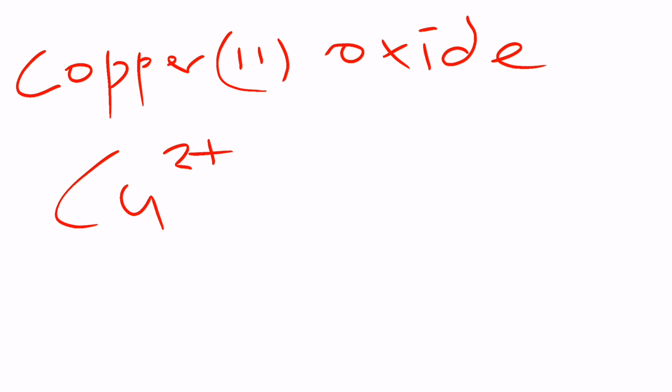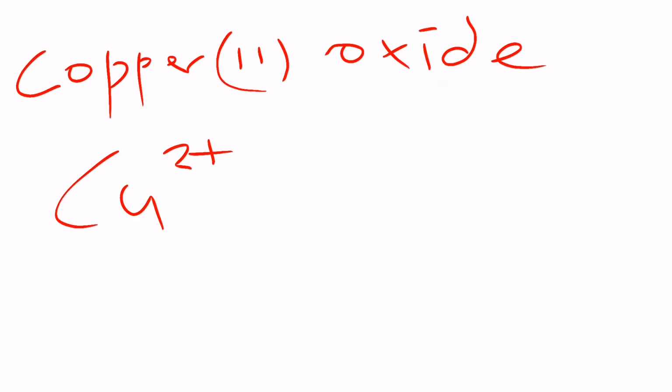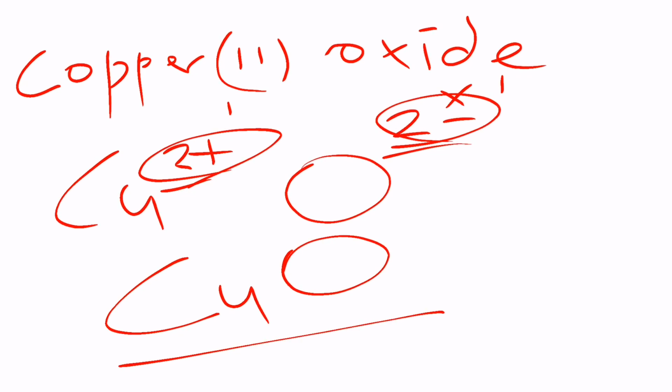And then the valence of the oxide ion is 2, so it's 2−. So you see these ones, they just cancel each other. If we multiply this one by 1 and this one by 1, they just cancel each other. So we are not going to write these numbers because we have multiplied by 1. All right, so we're going to get copper 2 oxide, which means copper oxide. So this is going to be the formula for copper oxide.